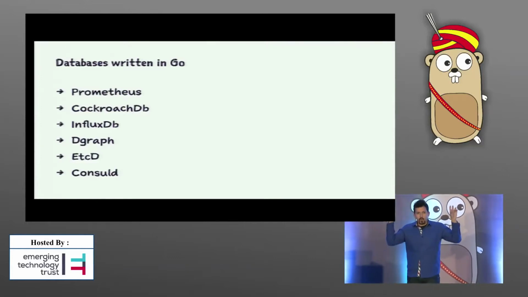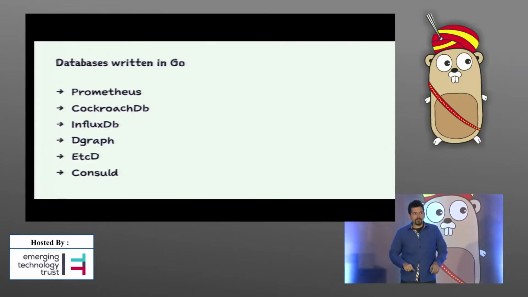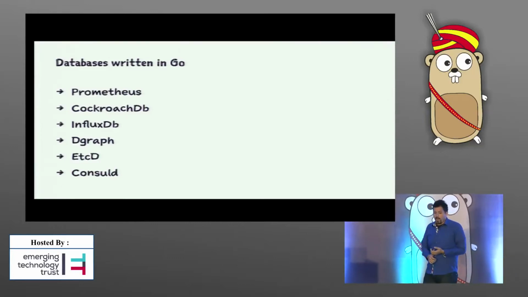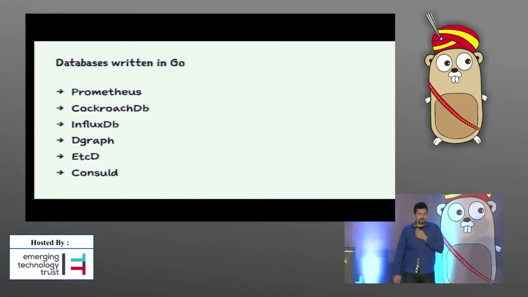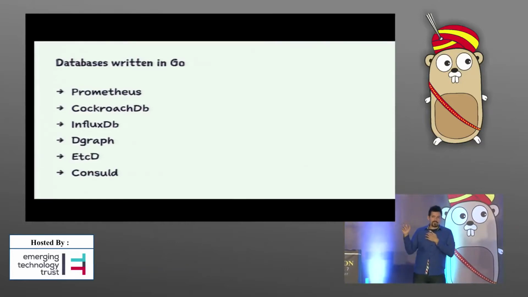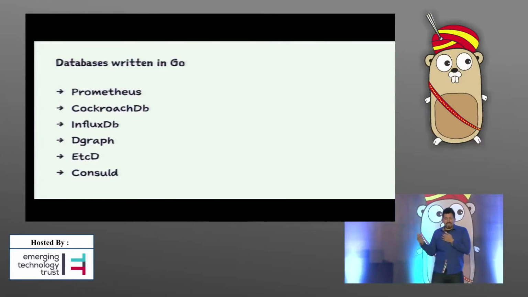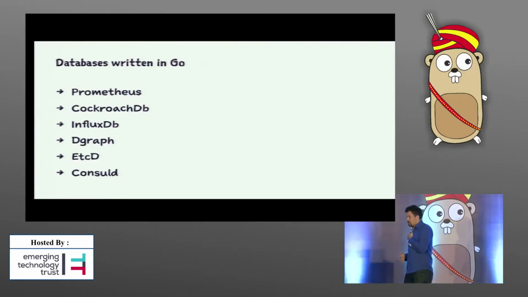There's even a quote-unquote new SQL database called CockroachDB, which is supposed to be like Google Spanner. And of course, most people are using either etcd or Consul for discovery, and they're kind of consistent key value stores. So we have 7 very popular databases being written in Go. So the future is very bright in this area.